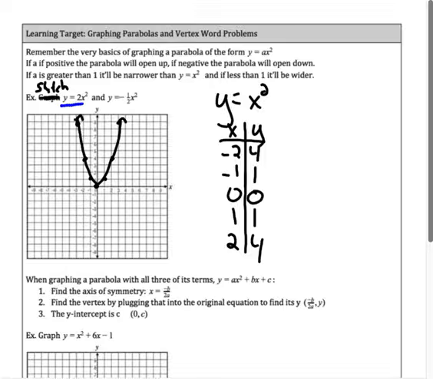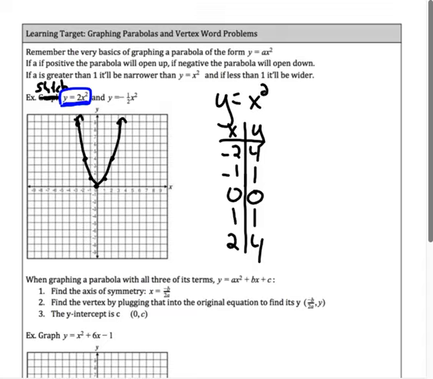So when I look at this one, remember that 2 is positive, so it is still going to be opening up. However, that 2 is going to stretch on it like silly putty. Okay, so remember, that's going to make it narrower than before.